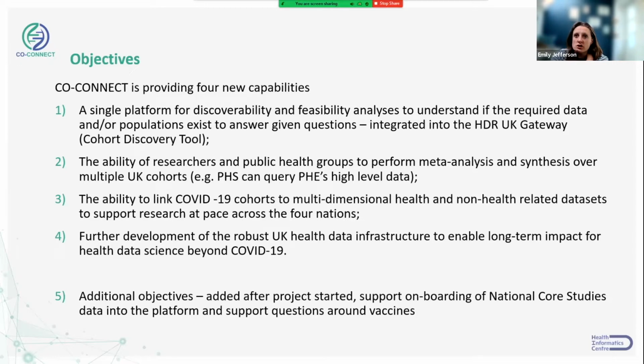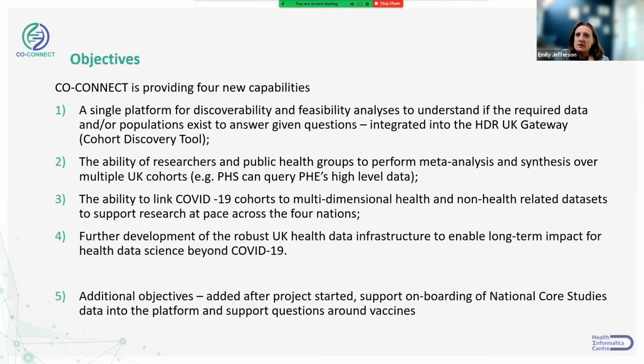So an infrastructure that isn't just built for COVID-19 and a short-term fix, but also something that can then be used for longer-term access and to improve across multiple different disease areas.